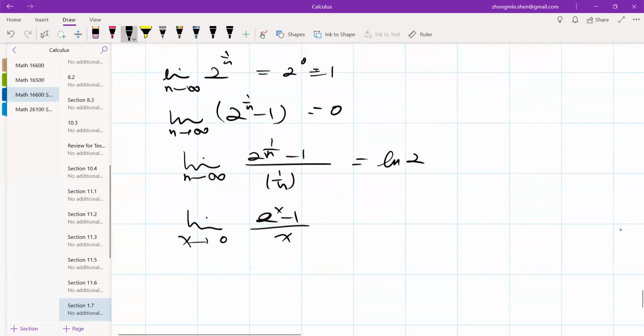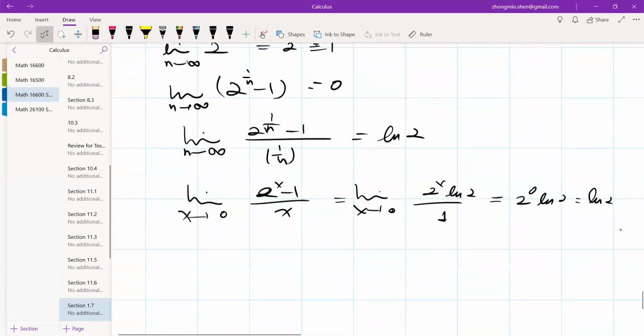You can use L'Hopital's rule, since it's a 0 over 0 type. The derivative of the numerator is 2 to the x natural log of 2. And this time you cannot apply L'Hopital's rule again, so it's just equal to 2 to the 0 times natural log of 2, which is the natural log of 2. So we get the limit. Okay, that proves this limit.